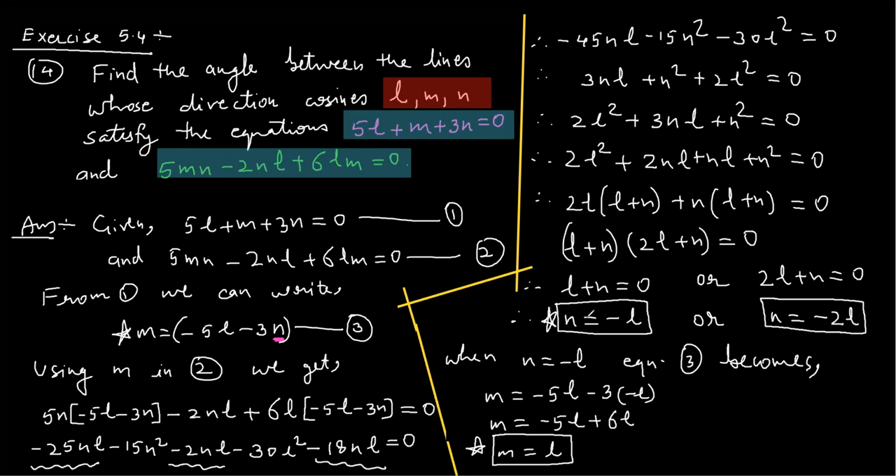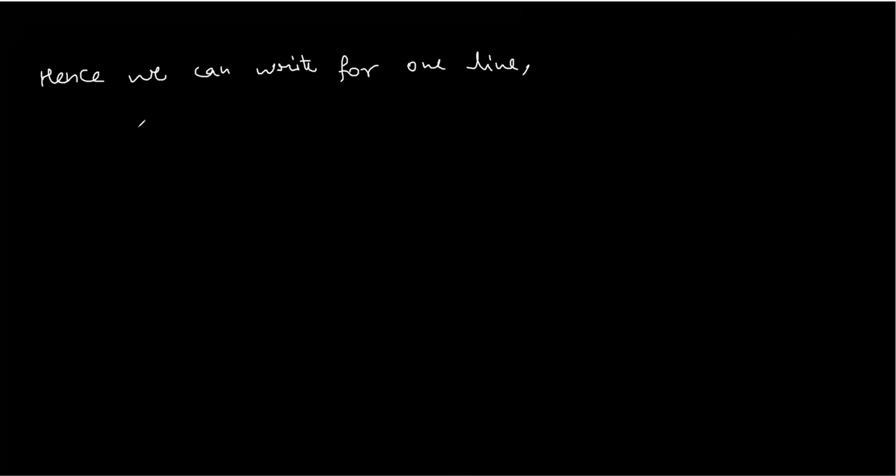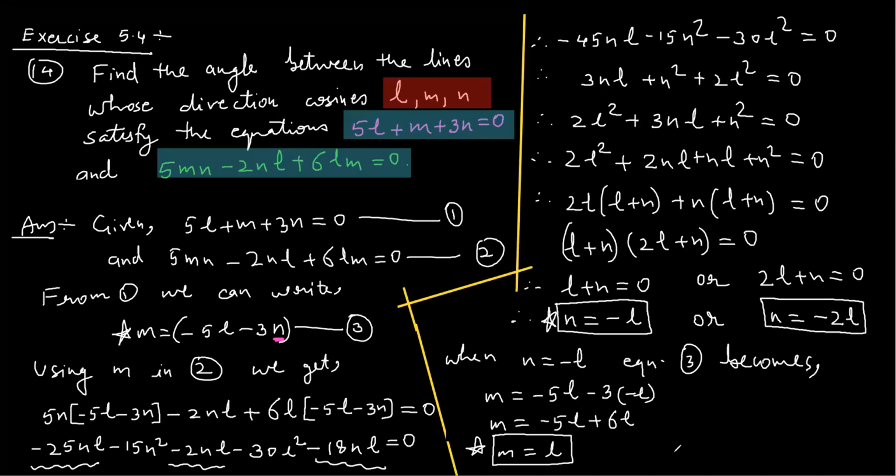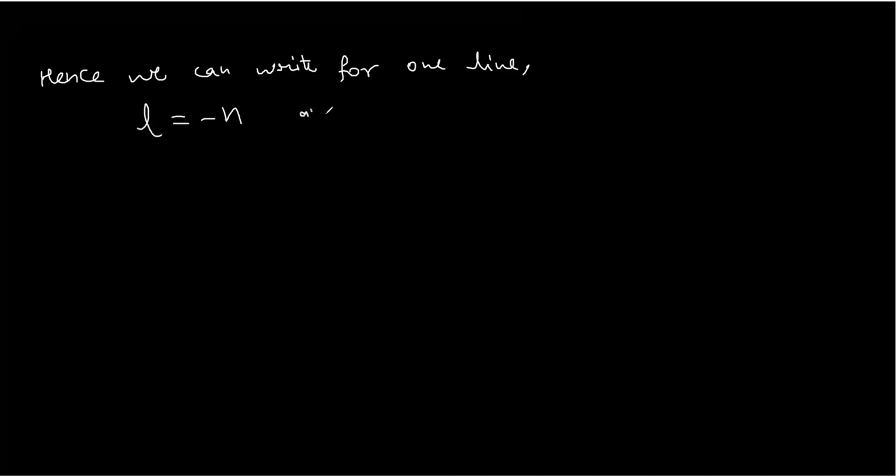L is minus n and L is m. What does that mean? It means now combine these two. So L equals to m equals to minus n.